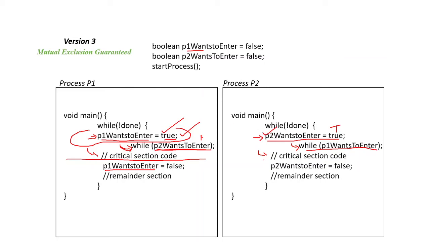Now what happens is that potentially both the processes P1 and P2 are waiting in this step, P2 waiting for P1 wants to enter and P1 waiting for P2 wants to enter, and the values of these two variables will be changed only at these lines of code respectively, which is executed only after the critical section code has been executed, and none of the processes can now enter into their respective critical sections.